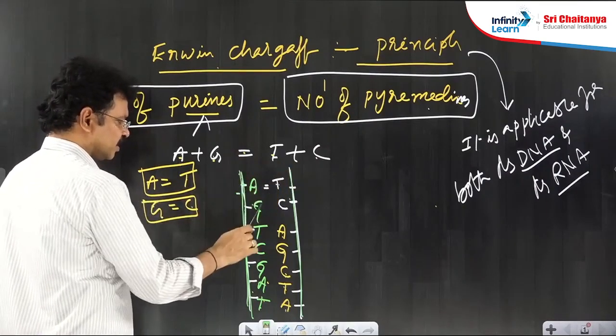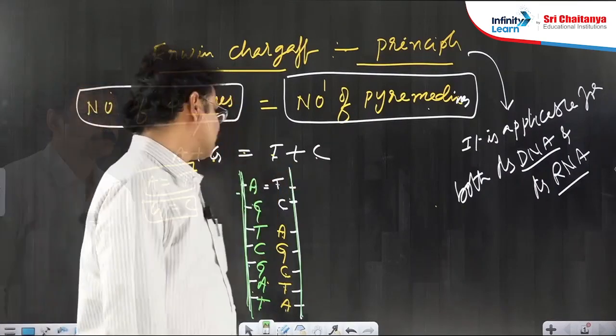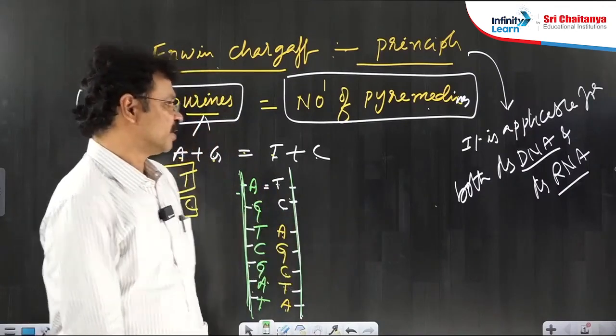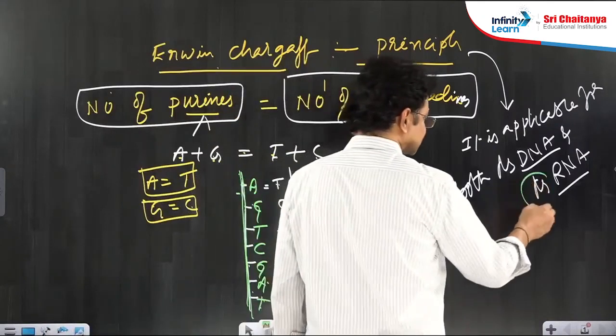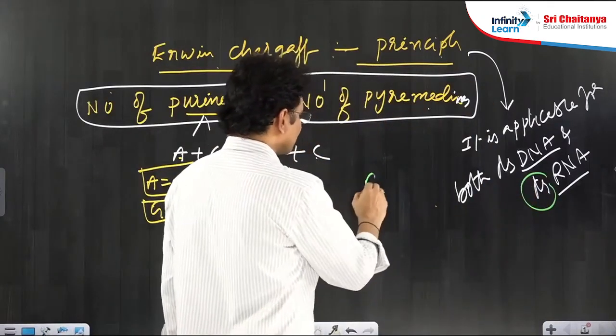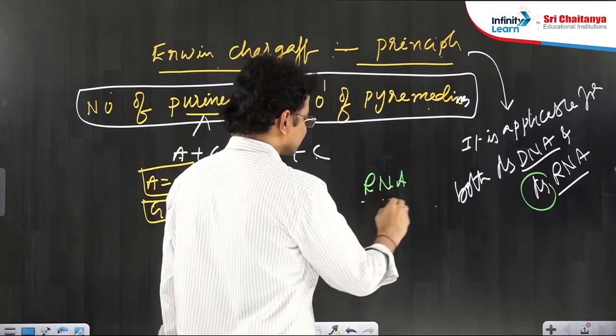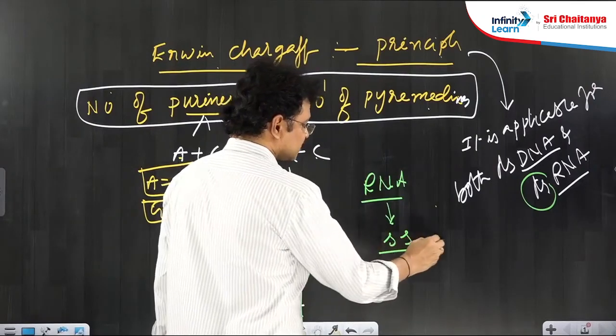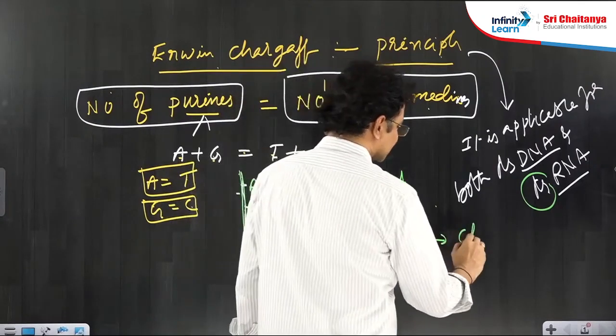Are all these things applicable or not applicable for RNA? Yes, when RNA is in a double-stranded structure, then the Chargaff rule is applicable. Usually RNA molecules are single stranded. At that time, the Chargaff rule is not applicable.